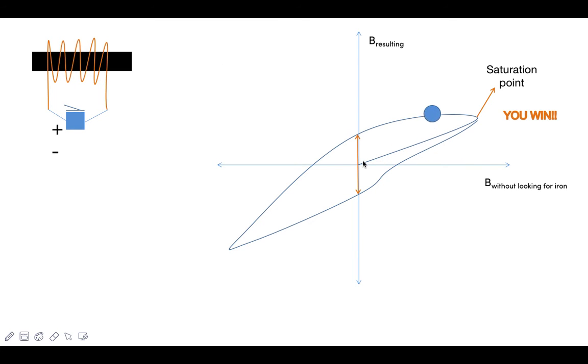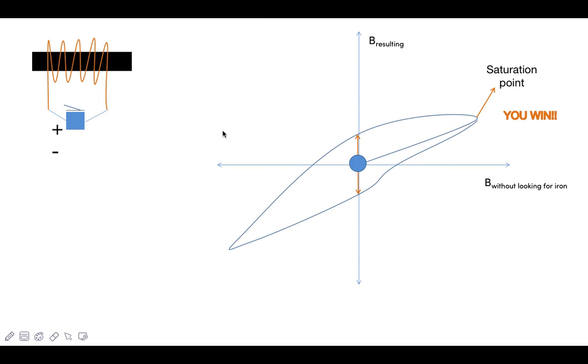When we connect the battery, the graph will reach here, the saturation point, when your metal bar is totally 100% magnetized.